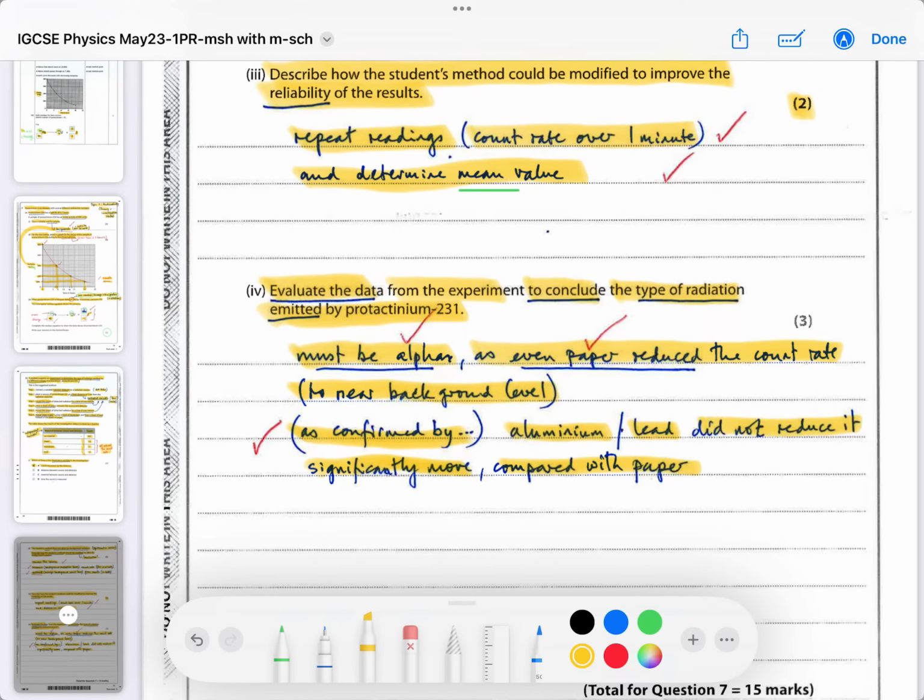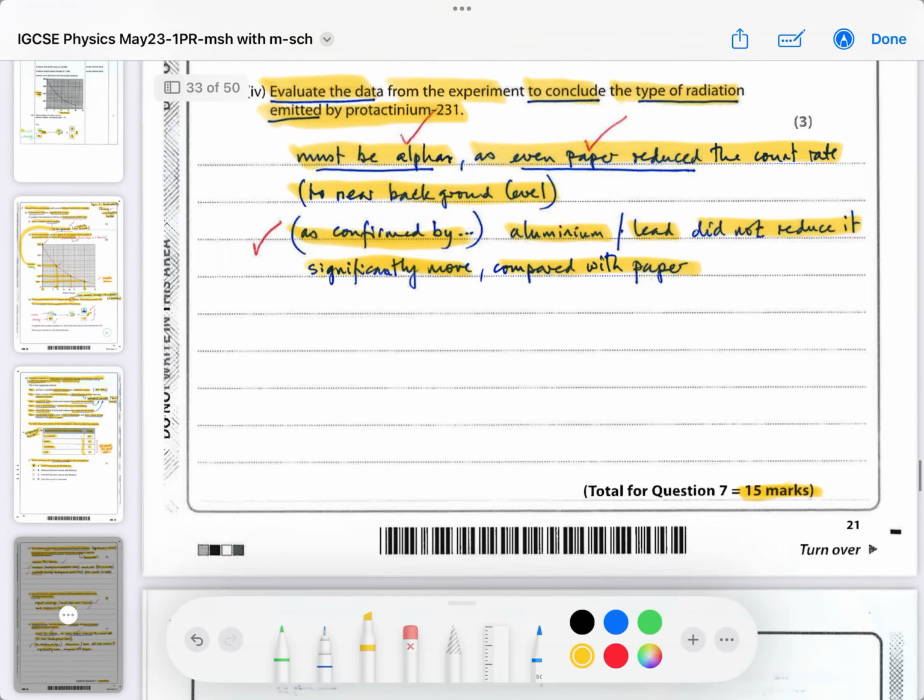So therefore the conclusion is that it must be alpha. The underlined bits at the top give you 2 marks, and the final bit is the bottom line. So we get 3 marks. Another 15-mark question that you've just gone through.